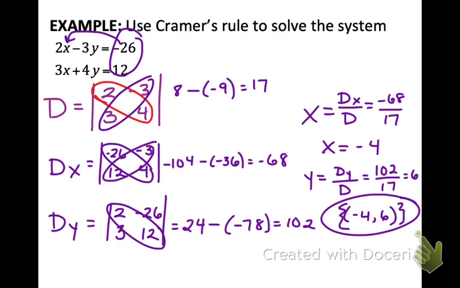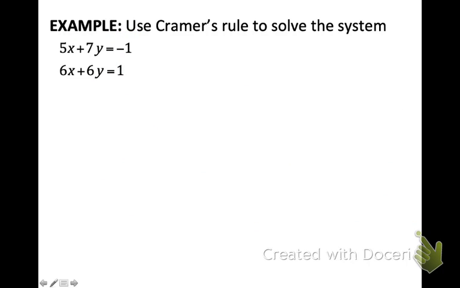All right, so now I'm going to give you this system. 5x plus 7y equals -1. 6x plus 6y is equal to 1. So to find my coefficient determinant, 5, 6, 7, 6.